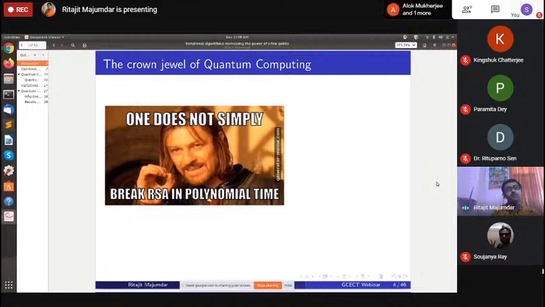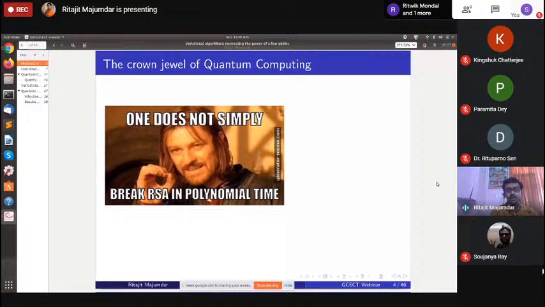And one of the best algorithms that we have in crypto systems, in classical computers, is this RSA algorithm. So the RSA algorithm relies on a very simple fact: if I give you two big numbers and ask you to multiply them, recently this film of Shakuntala Devi has released, but you may not be able to do it as fast as her, but you can do it.